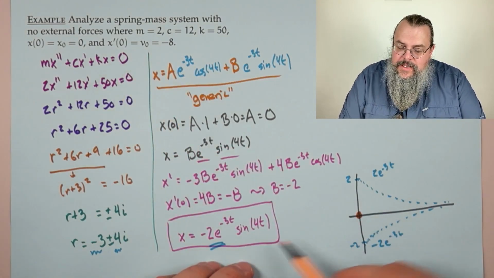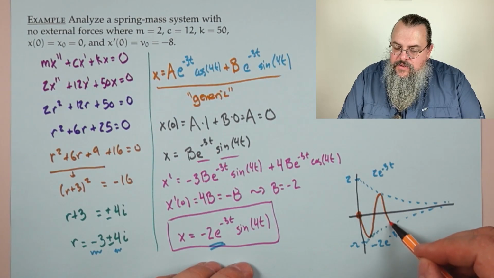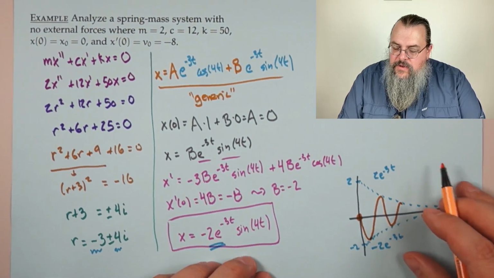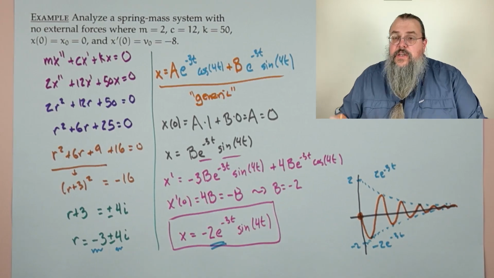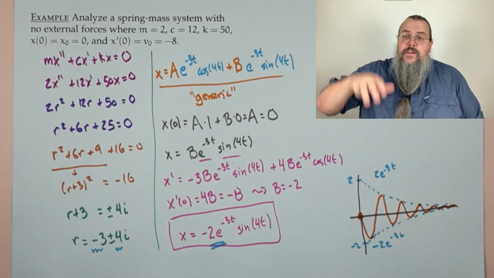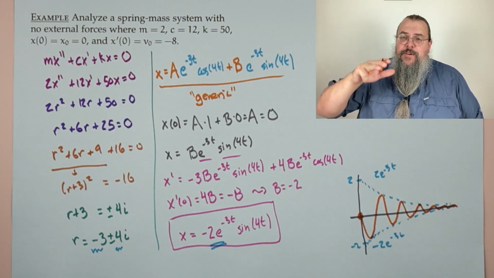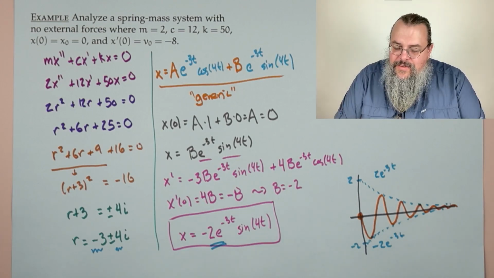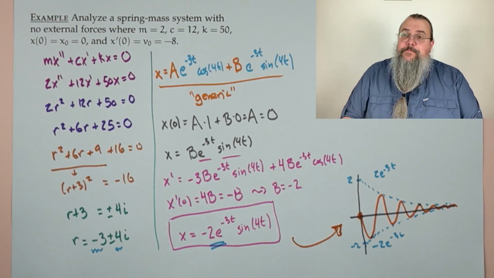So we're going to look like the sine curve going back and forth between these two curves. And so in the long run, what happens? Well, we continue to oscillate, but our oscillations start to peter out. So in other words, it's a spring, but after time, it keeps going up and down, but the heights it goes up and down start to get very small. And so this is the rough behavior, pictorially, of what's going on.